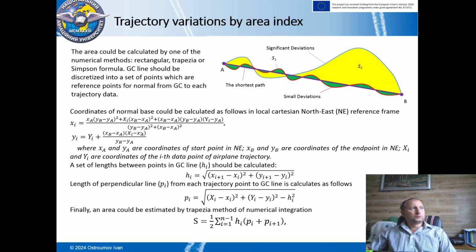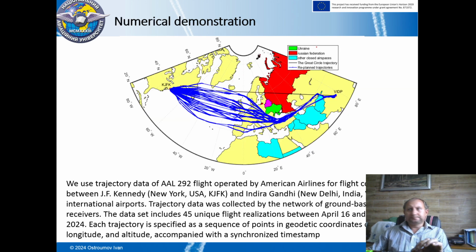That's why we propose to use the following formulas to calculate the area limited by the actual airplane trajectory and the shortest path. This area value shows us, for example, the presence of big side deviations.